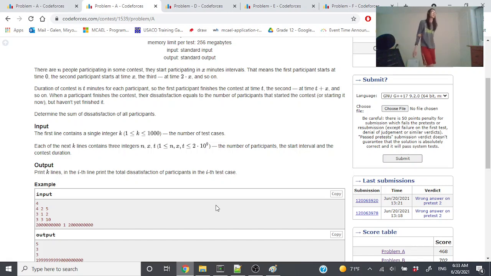So the first participant will see t over x plus 1 people explored. The second will see t over x plus 2 because they see exactly 1 more because it jumps by x. The third will see t over x plus 3 up to n.